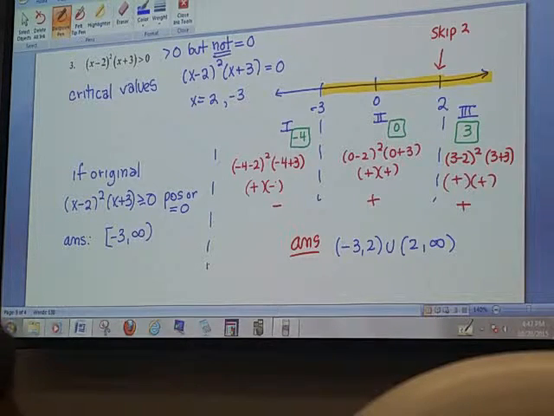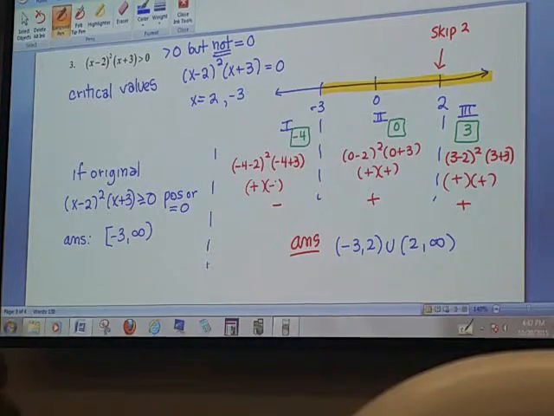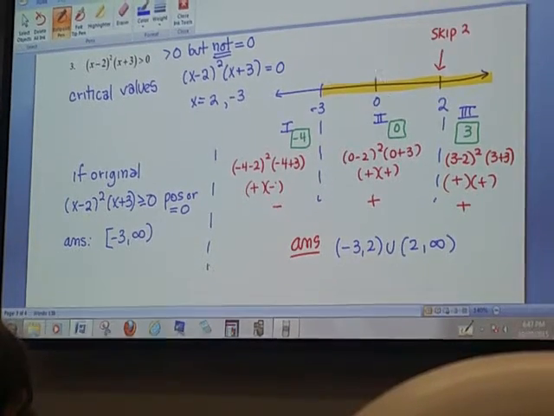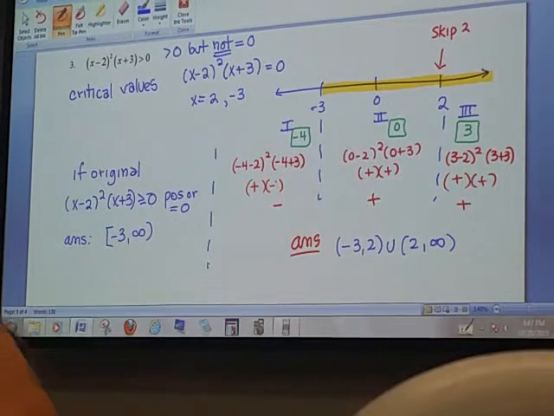So totally different answer. Notice that all I have to do is switch these signs around and you get completely different answers. Even though the work is gonna be the same for all of them. Anything that has an x minus 2 squared and an x plus 3, it's gonna have the same work, but the final answer you give me is gonna change.